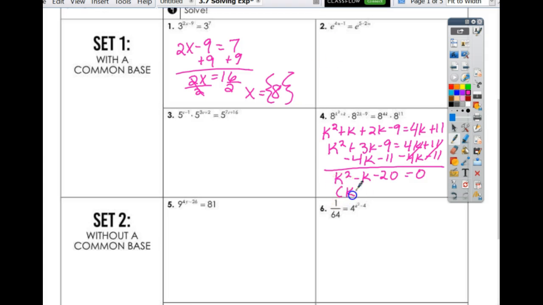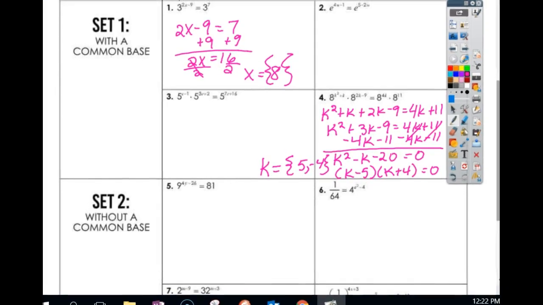So if I factor, so my k is 5 and negative 4. So if there's a squared, you have to move everything over, okay, and factor.